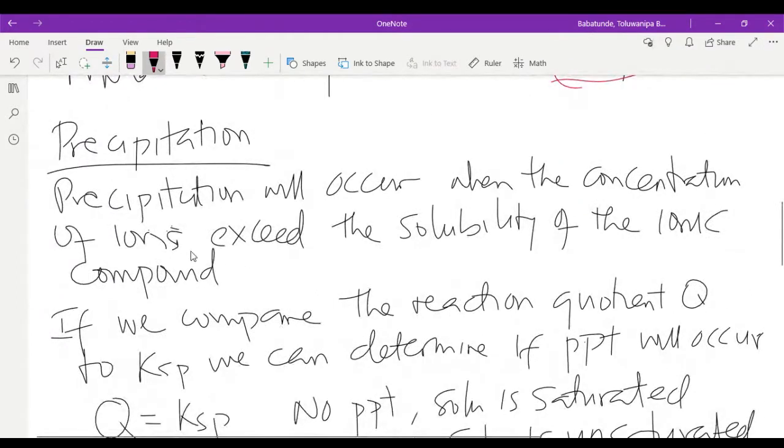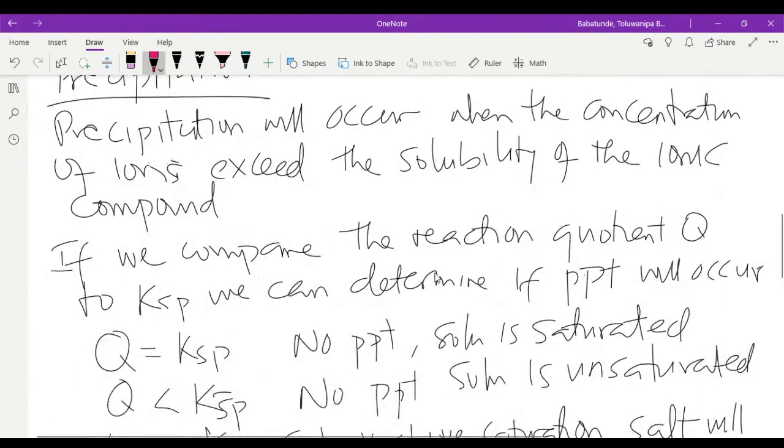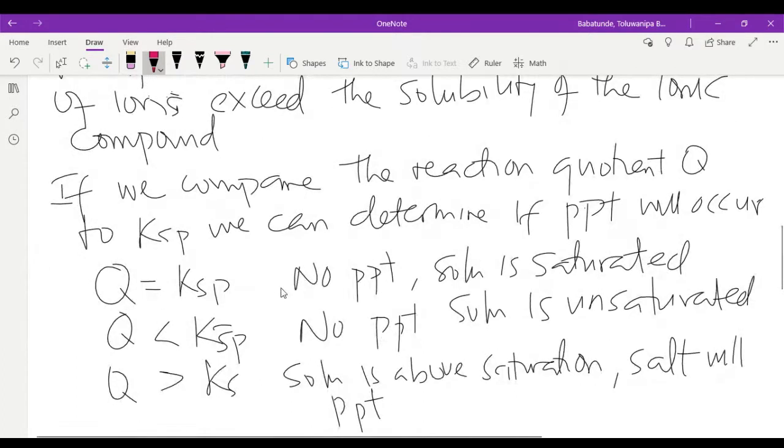So we have precipitation that can occur, right? Precipitation will occur when the concentration of ions exceeds the solubility of the ionic compound. So we can compare this Ksp to the reaction quotient, and we can use that to determine if precipitation will occur.